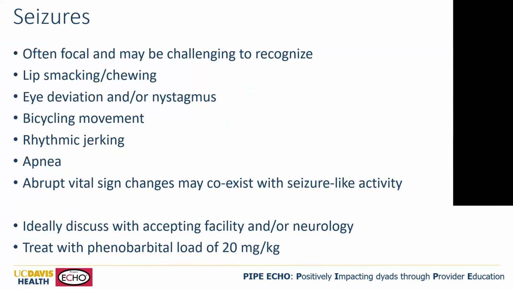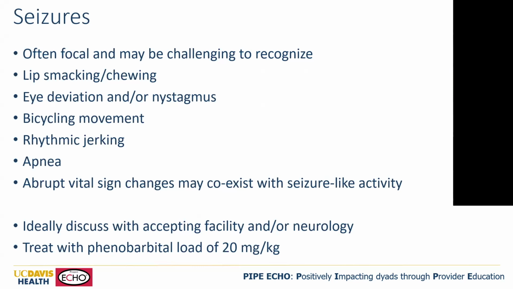So seizures, we talked a bit about them already, but let's continue. They may be really challenging, as we've alluded to. They're often really focal and sometimes really hard to recognize, or you see something and you're like, oh, what's that? It sort of stopped before I even got a chance to look at it.